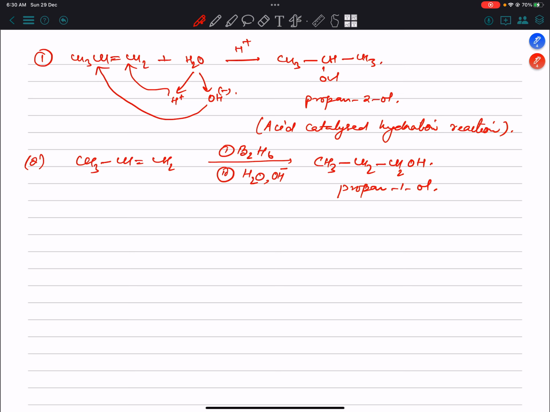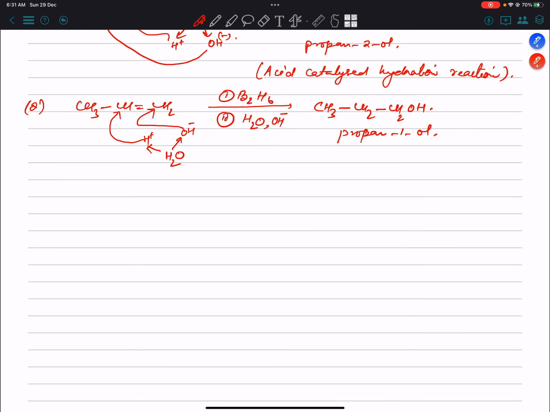You can remember the reaction as anti-Markovnikov addition of water, so this negative part goes to here and this positive part goes to this carbon. Okay, so you can remember the reaction like this.